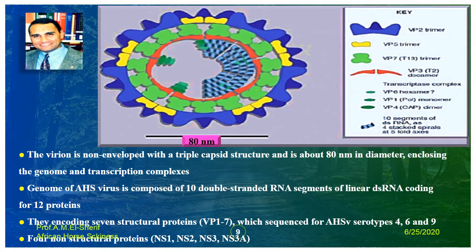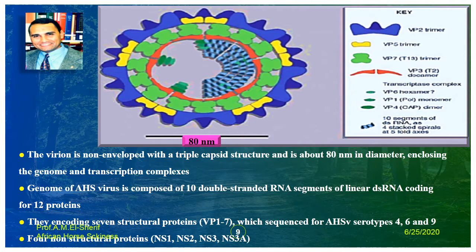The genome of African horse sickness virus is composed of 10 linear double-stranded RNA segments coding for 12 proteins.